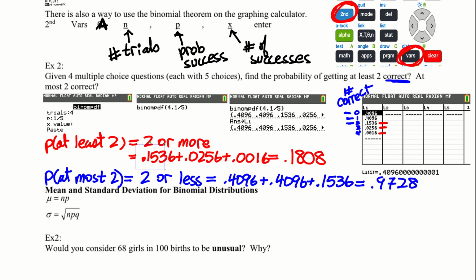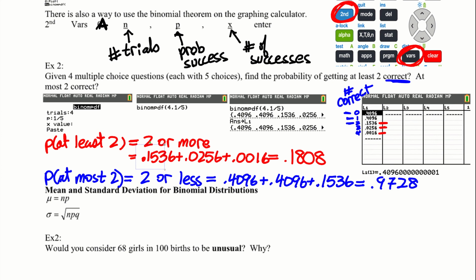Now the birth question. So yeah, and you can see how things can get out of control pretty quickly. We talked about 14 births, and we made a probability distribution, and it wasn't too crazy.